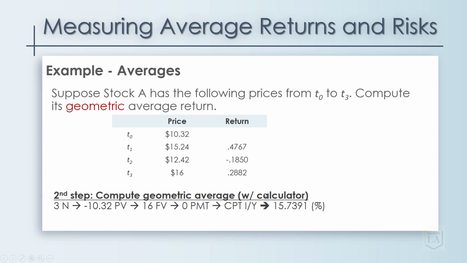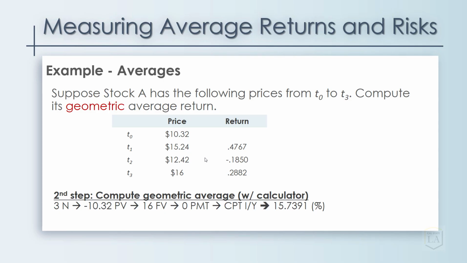Then you can just use what we used to do in chapter 4. Just input all these variables as we had before. 3 is the time period, and you started off with 10.32. This is what you purchased this stock at. And then you didn't sell it over the time period because it's being compounded.